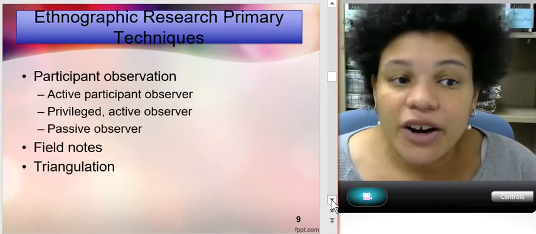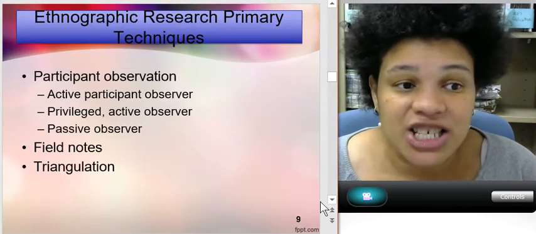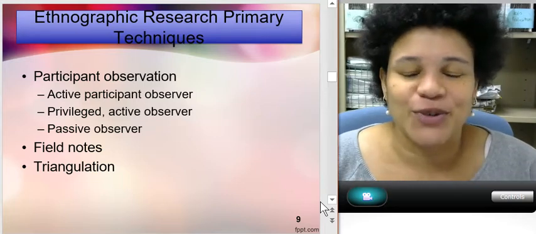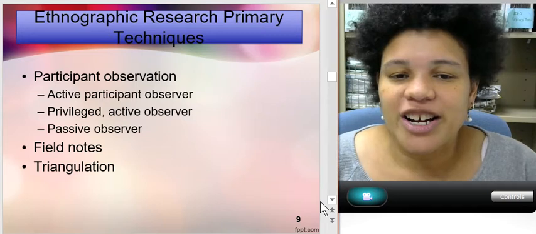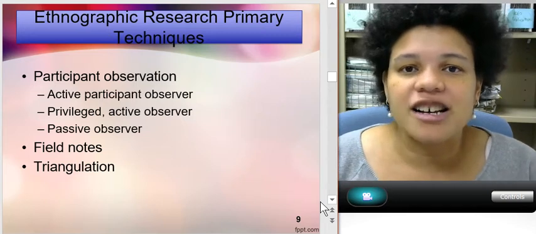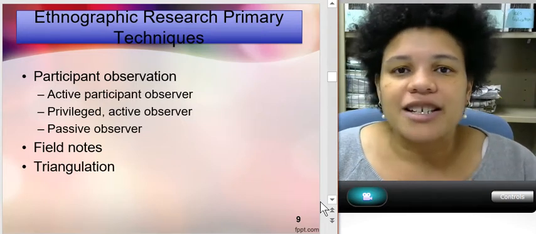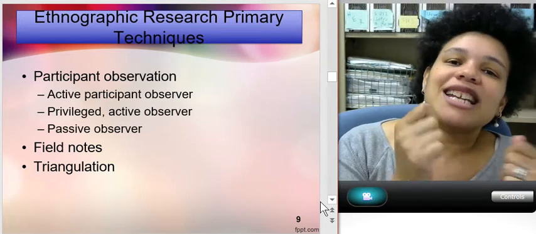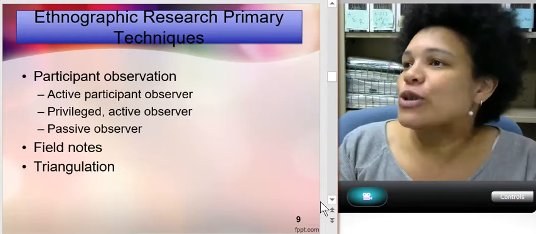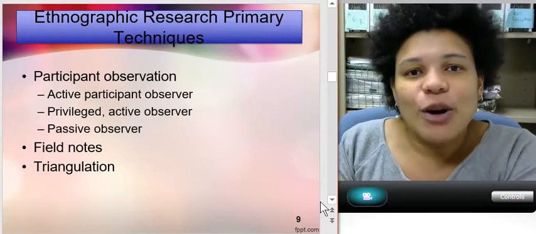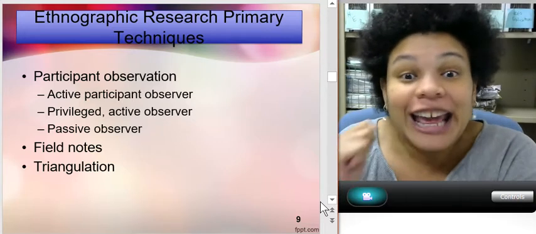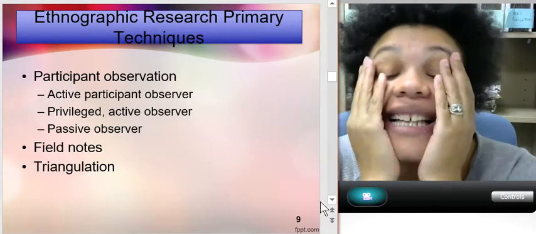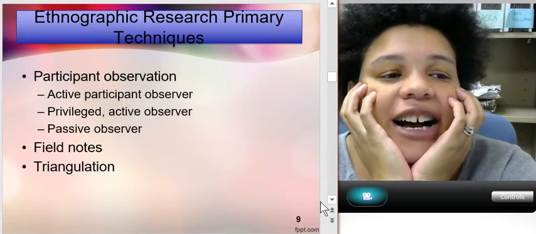So primary techniques: participant observation, and there are different ways you can do that. There's this one photograph that always cracks me up, where it's a European in some African village, sitting there in his linens and taking notes, while a member of that culture is fanning him, and he's observing what's happening. And that was considered good science at one time.